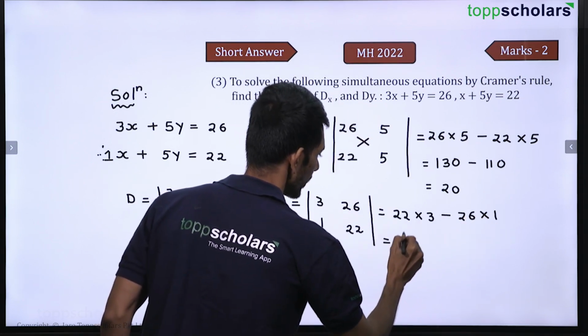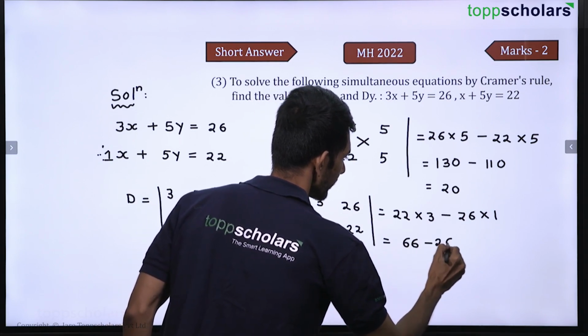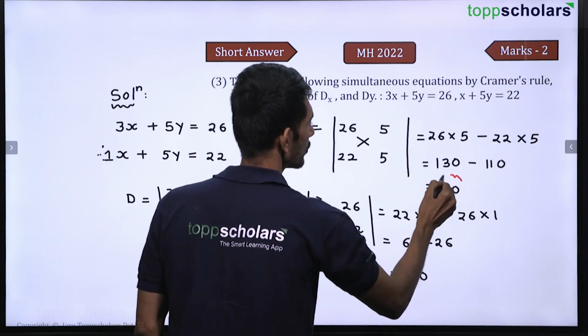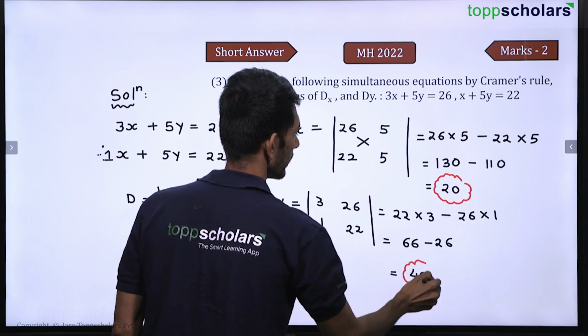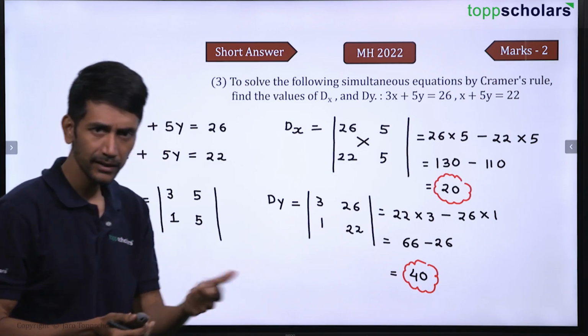So 22 into 3 is 66 minus 26, that is equal to 40. So this is 20, this is 40. And this is exactly what is asked in the question.